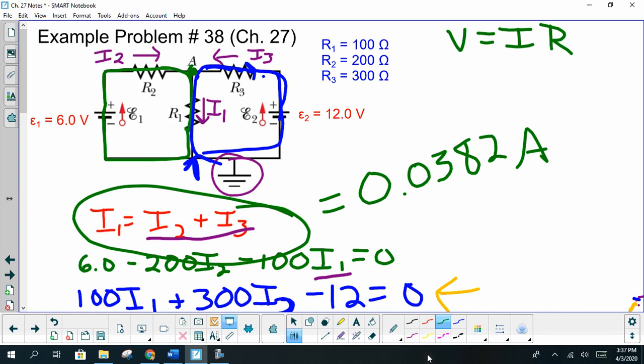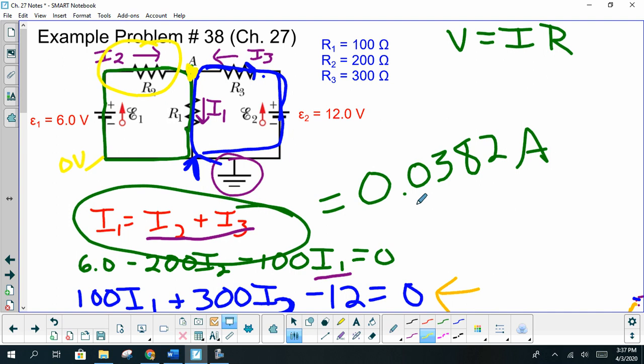The easiest way to get that potential at point A is this: we know our potential here is 0 volts, and we have a 6 volt potential here, or an increase in potential. You can find the potential difference across R2 by taking I2 times R2. We got our I2 to be 0.0109, multiply that by our R2, which is 200, and we get 2.18 volts.